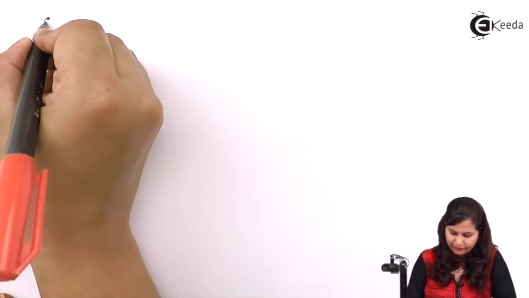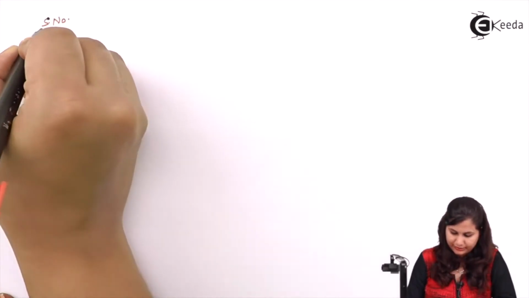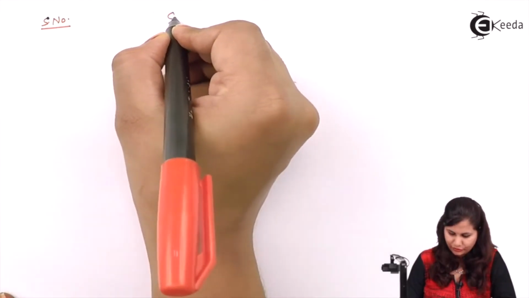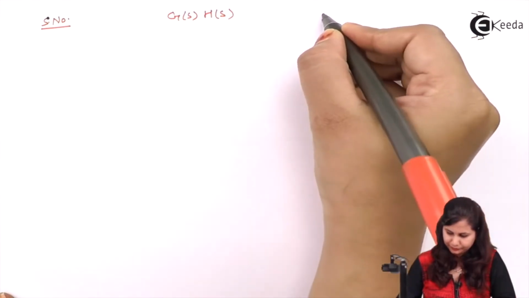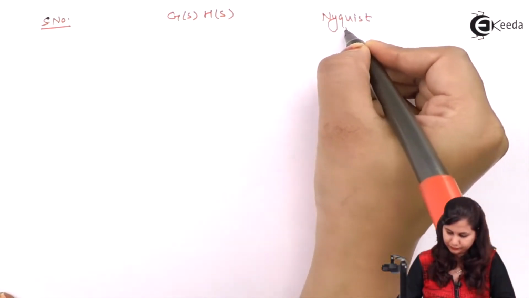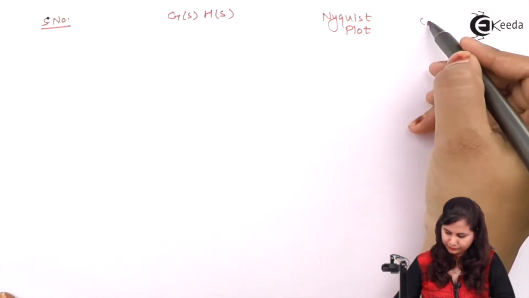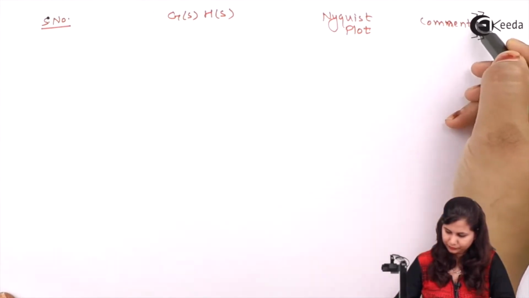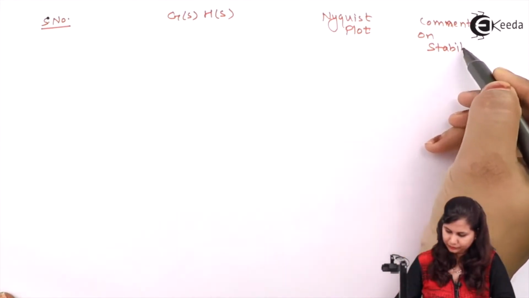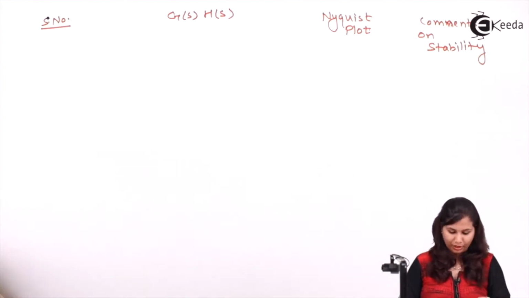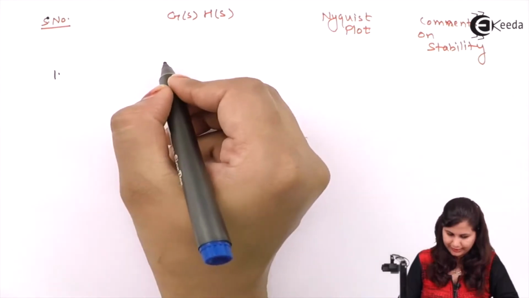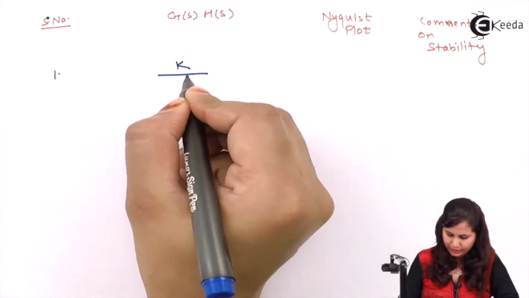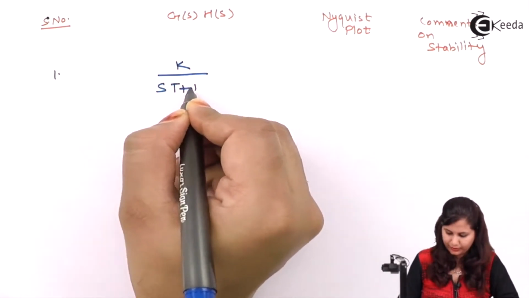Here we have the serial number and then G(s)H(s). First, we have the transfer function K upon (sT plus 1).